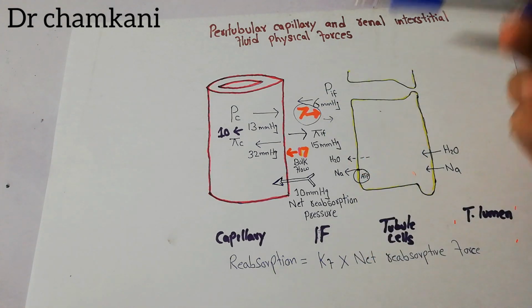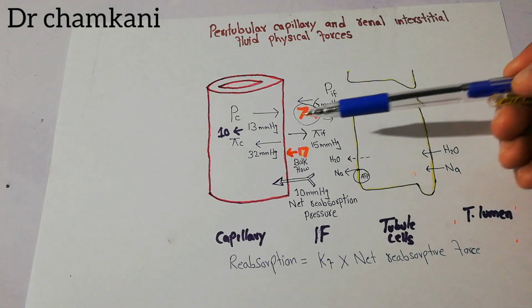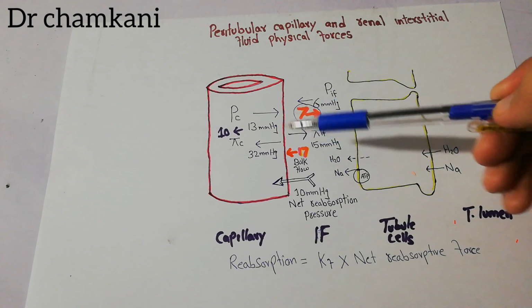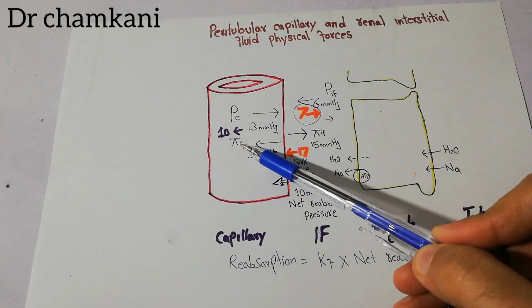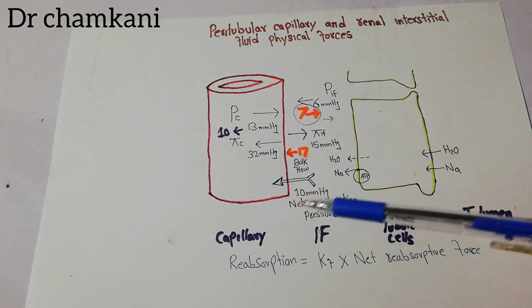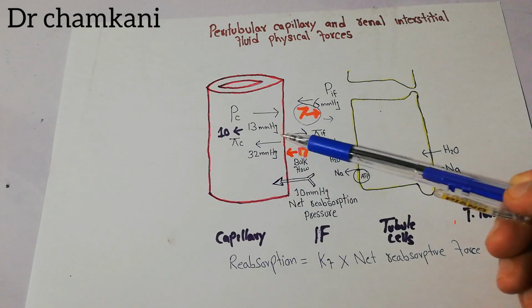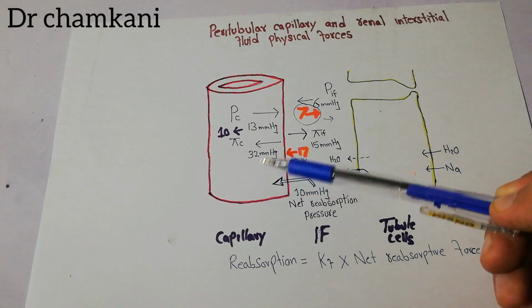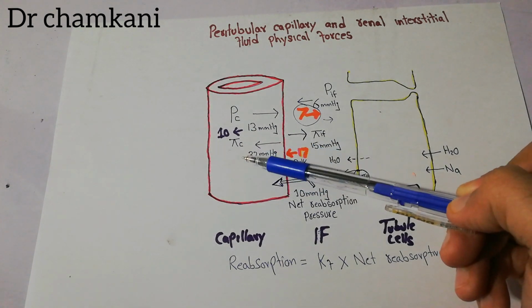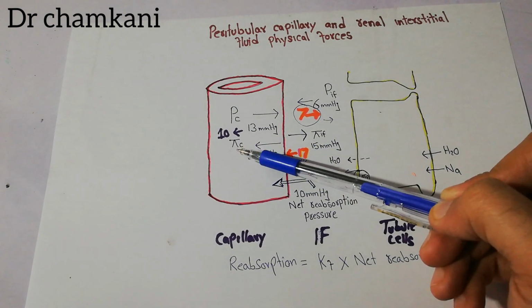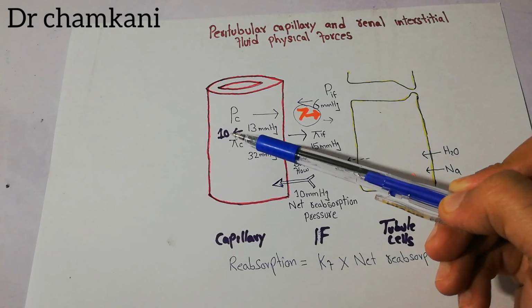So this force is being balanced by the other forces, which are the colloid osmotic pressures. Now we have the colloid osmotic pressure in the peritubular capillaries. This force is generated by the proteins present in the peritubular capillaries. This force is pulling the fluid towards the peritubular capillaries, and 32 millimeter of mercury is the value of the colloid osmotic pressure of the capillaries.